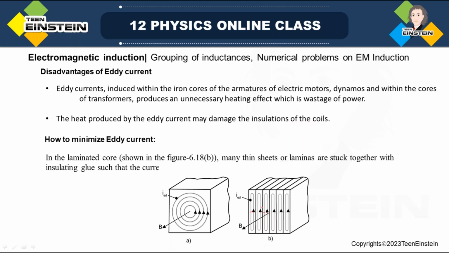The direction of the current in consecutive layers will be different, so they will cancel each other. Eddy current in one lamina will cancel the eddy current in the other lamina. So this is what happens.